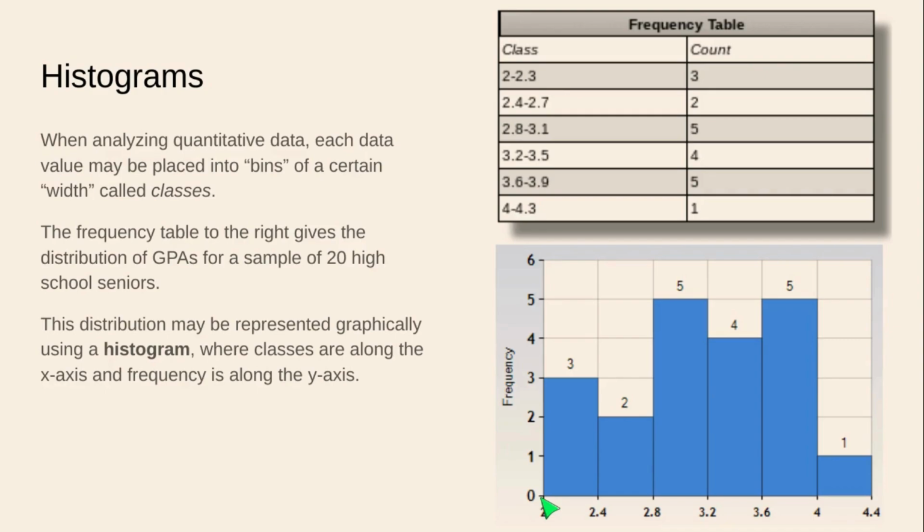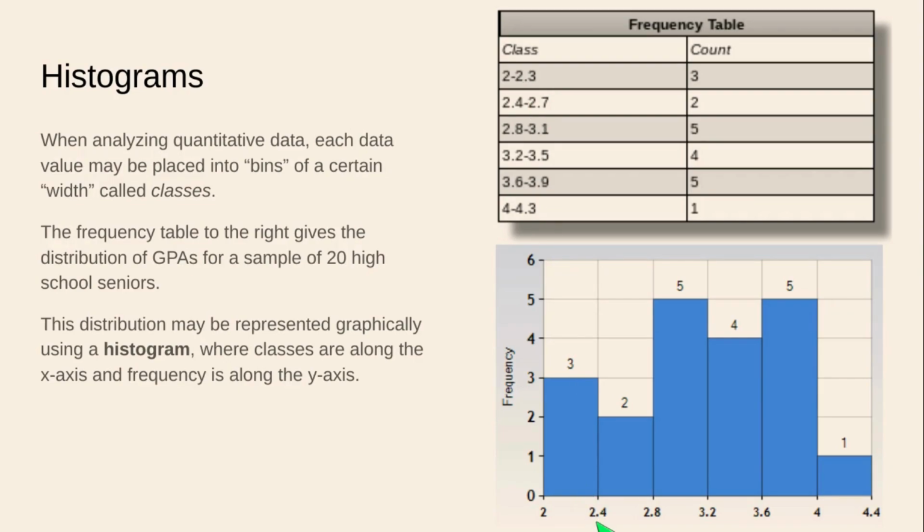Now a note here, you'll see that these boundaries, the 2.4, 2.8, 3.2, so on and so forth, we need to understand how these boundaries should be read. This bar here contains all values between 2 and 2.3. Well, then what's the 2.4 doing?